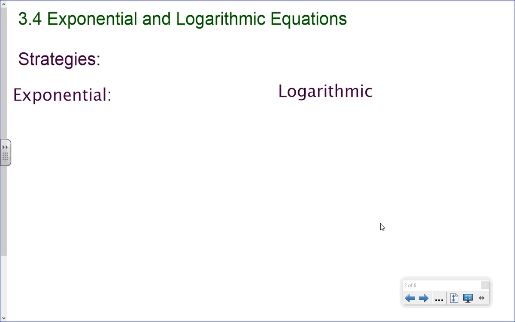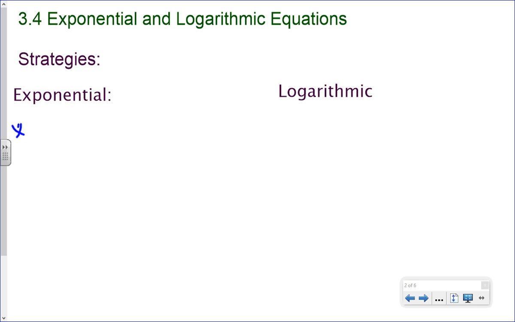Pod 2 said something about rewriting. Pod 4, you said isolate and then rewrite. You said it very well. Make sure you have a logarithm or exponential piece by itself before rewriting, okay?